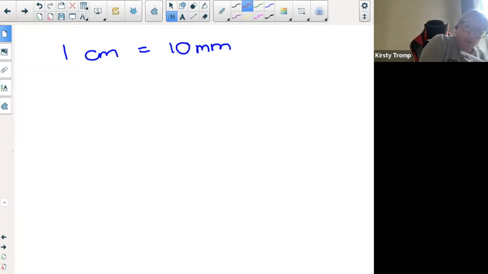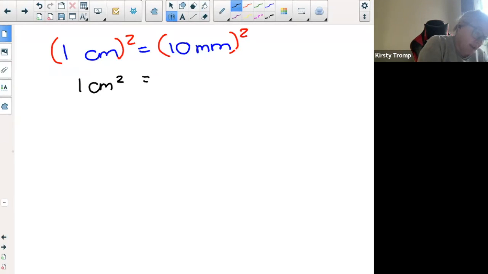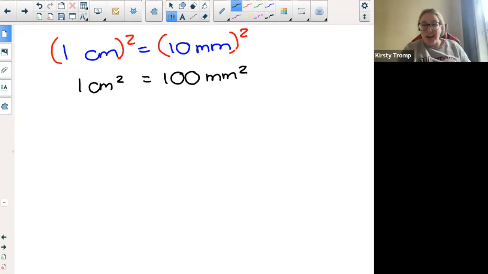Then we said to ourselves, we want to square that side. Whatever we do to that side, we must do to that side. A mirror. So 1 times 1 gives me 1 centimeter squared. And 10 times 10 will give me 100 millimeters squared. So in other words, there's 100 millimeters squared in 1 centimeter squared.